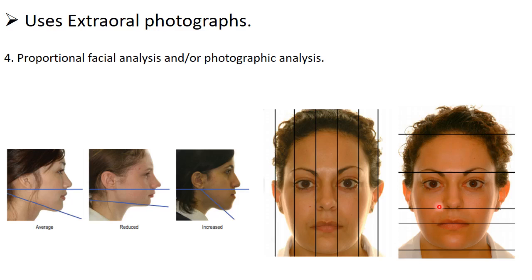When these thirds are equal, then we have a symmetrical face. And in the profile, we can assess the lower facial height, whether it is normal or average, or decreased or increased. So extraoral photographs are useful in proportional facial analysis and photographic analysis.